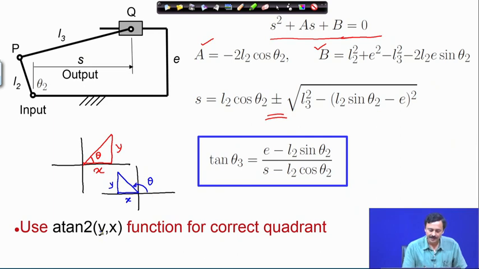So, by looking at the sign of y and x, this function is going to give you the right quadrant.